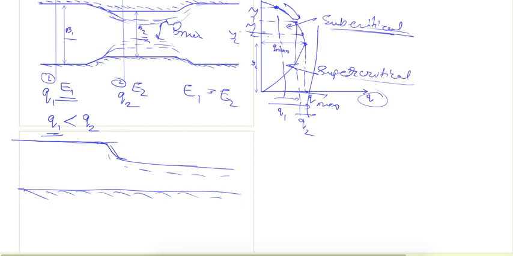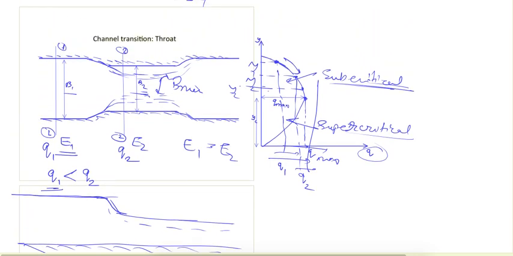So this curve is plotted for one specific energy. And now if I want to decrease the channel width further to pass that flow in this condition, this graph should change. So it will go something like this.